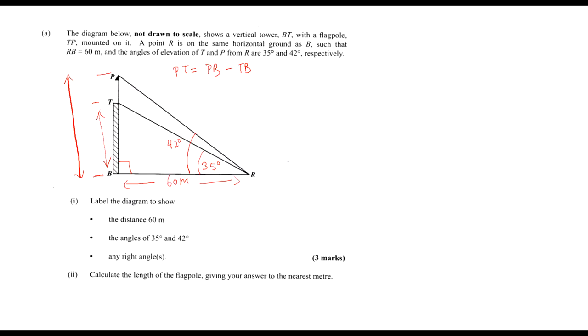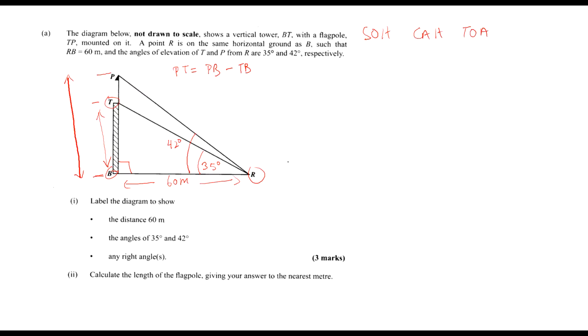So all we need to do is look at the first triangle here, which is TB and R, and we can find BT or TB, right? So we have an angle, we have adjacent, and we want to find opposite. So therefore, remember the rules that I taught you before: SOH CAH TOA.